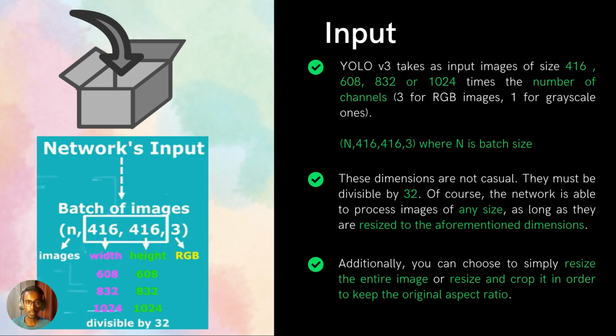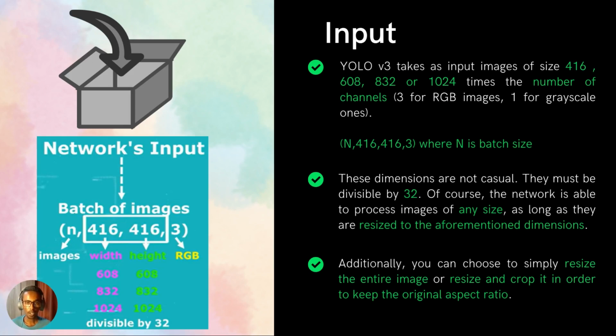We're going to use 3 if it is an RGB image, and 1 if it is a grayscale image. And we can use an input dimension of n by 416 by 416 by 3, if we have n to represent the batch size and 3 to represent the number of channels for the image.